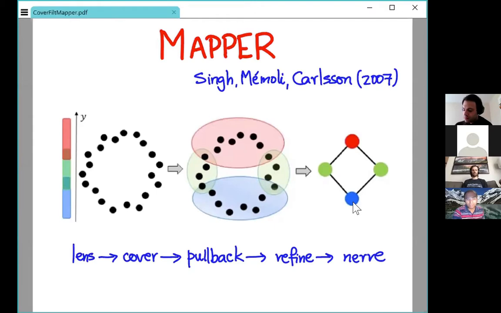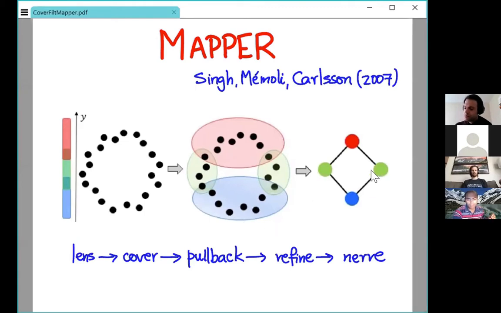And then you take the nerve. This is a dual construction. So each cluster is represented by a node. And so here, for instance, imagine that you're doing a clustering algorithm which clusters all the points in each of these refined cover elements.